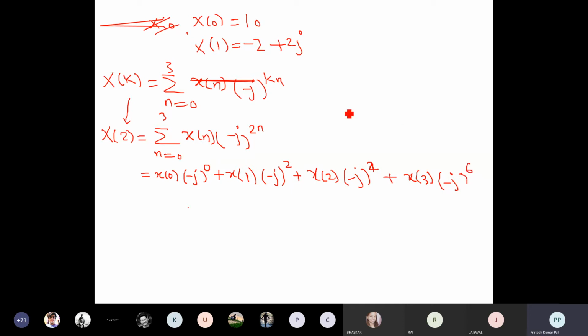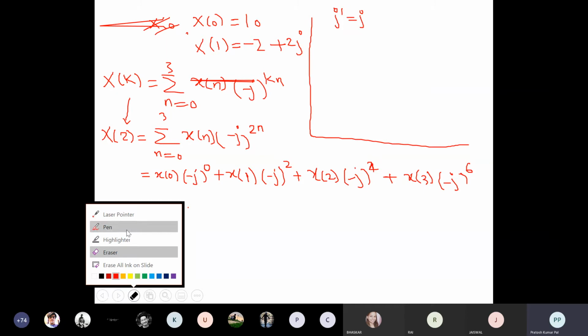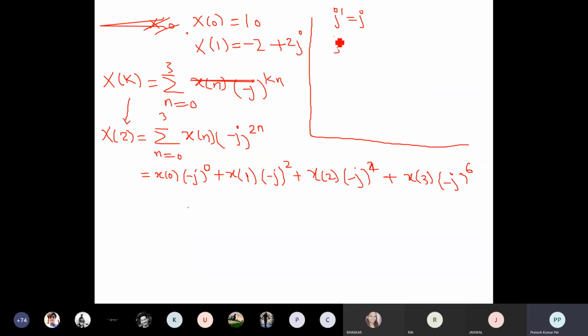One thing we need to note, because we are going to require the value of j. j to the power 1 will be equal to j. j to the power 2 will be minus 1, and j to the power 3 will be equal to j to the power 2 into j, so minus 1 into j will be equal to minus j.